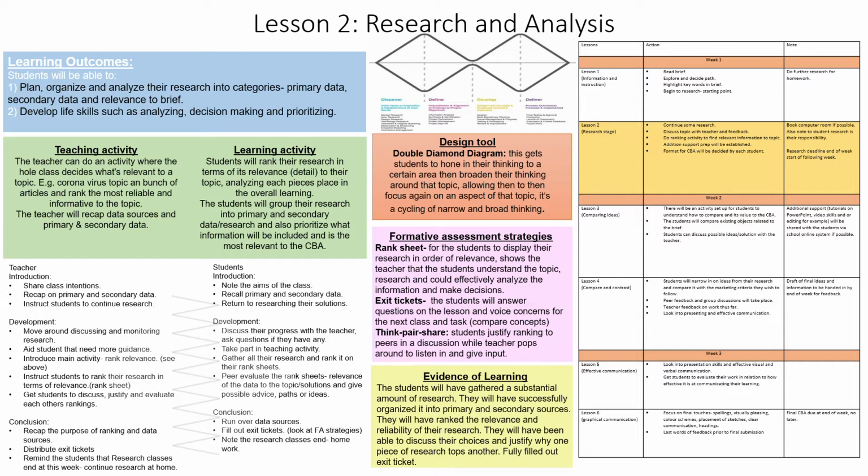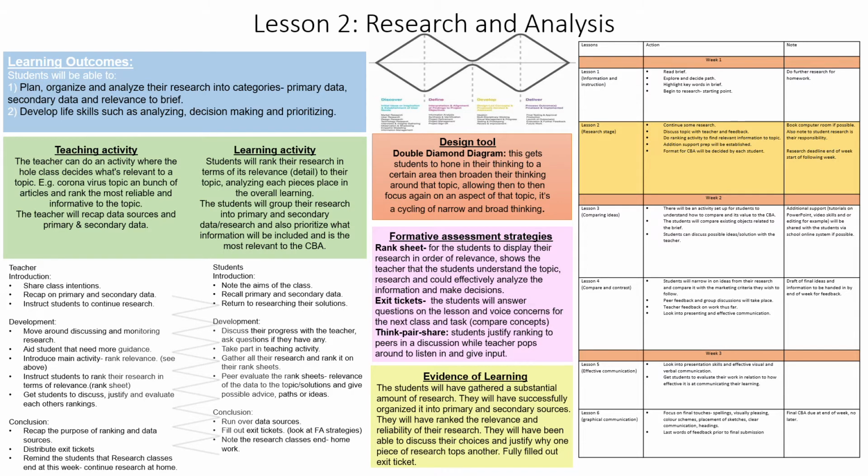So the rank sheet is for their own analysis, for example using the double diamond diagram to have a big amount of research and then hone it in. The exit tickets are for the teacher alone, and think, pair, share is where they collaborate together and discuss their research, their own personal opinion on what is relevant to their topic or their friend's topic.